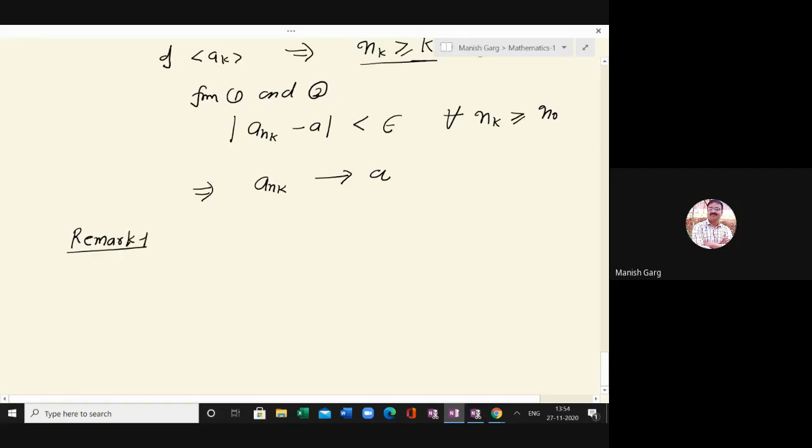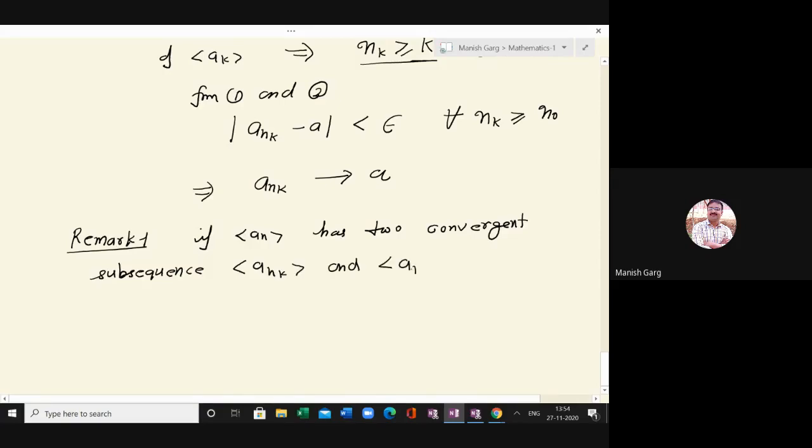If you have two convergent subsequences a_{n_k} and a_{m_k} whose limits are not equal, then the sequence a_n diverges.